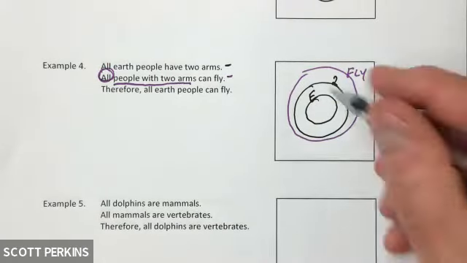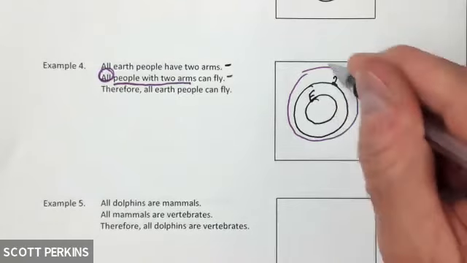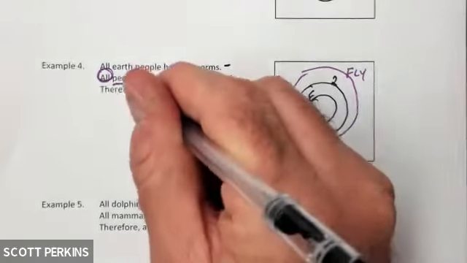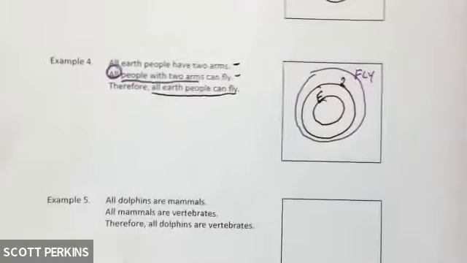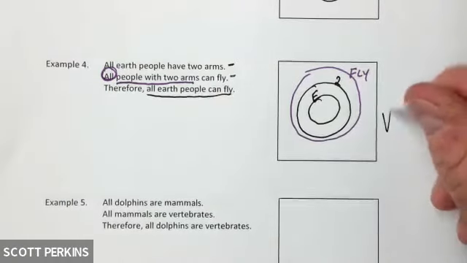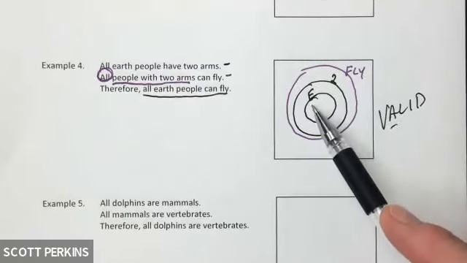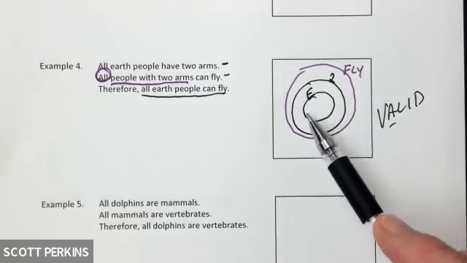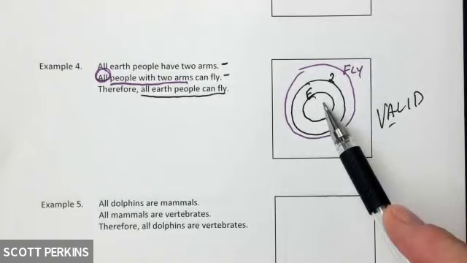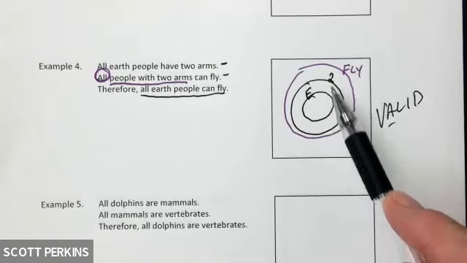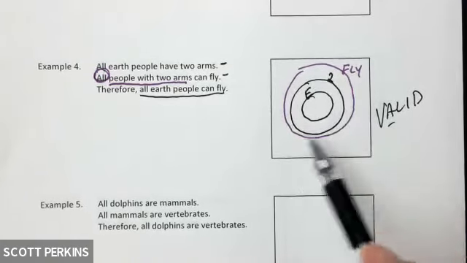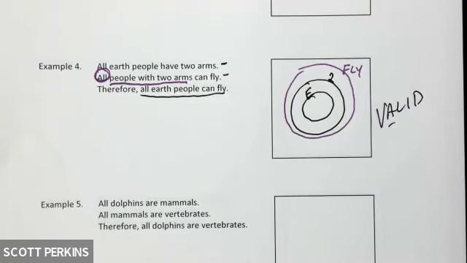Yes, so my Earth people circle is completely inside this circle. That is this statement right here: all Earth people can fly. So that makes this a valid argument. There's no way for the Earth circle to leak out, because it has to be completely within the two arms circle, and the two circle has to be completely within the fly circle. So it has to be valid.